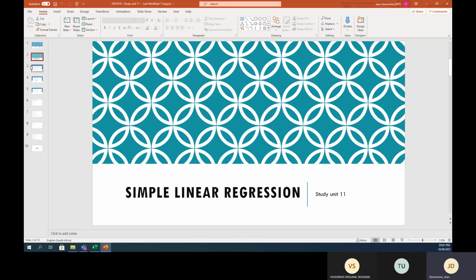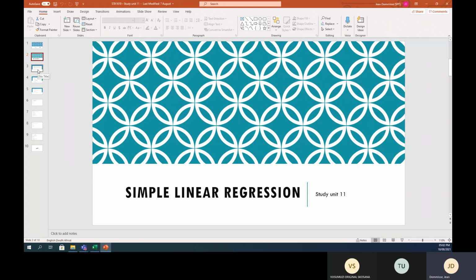What I'll also show you in today's session, there's not a lot of examples, but I want to show you how I use Excel as well, because most of the work in study unit 11, you need to use a calculator, or you can use Excel or any other program that can do it for you. So I'll share the spreadsheets again so that you can use that for the exam as well.